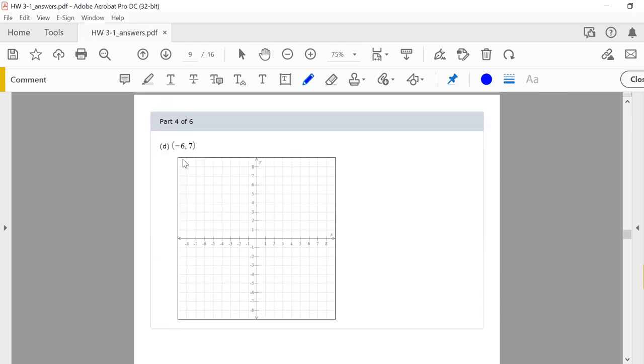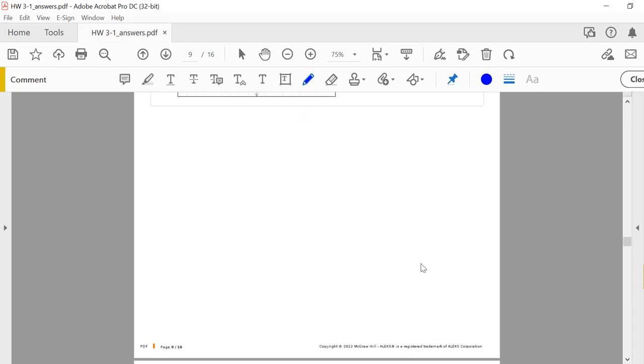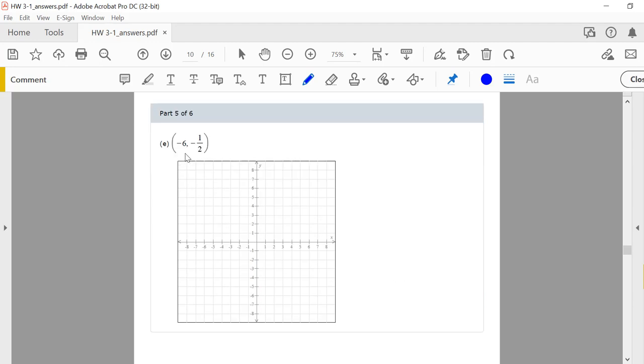For D, -6, 7. Starting at the origin, I'm going to go in the x direction, -6. In the y direction, I'm going to go +7. My point would be right here. Next point, -6, -1/2. So if I start at the origin, in the x-axis, I'm going to go -6.